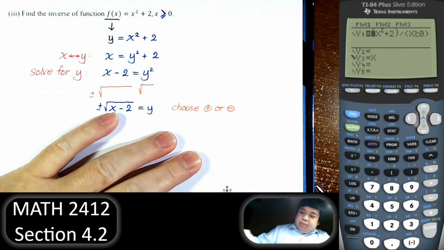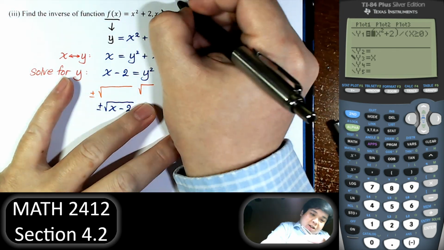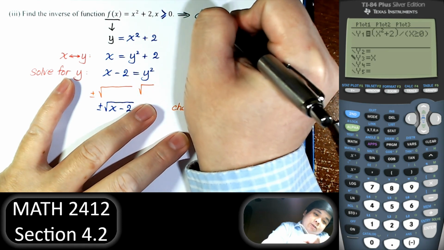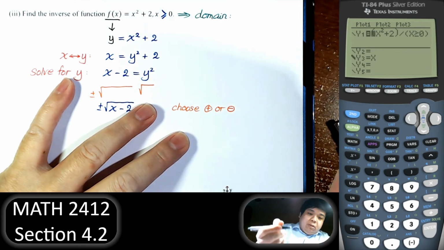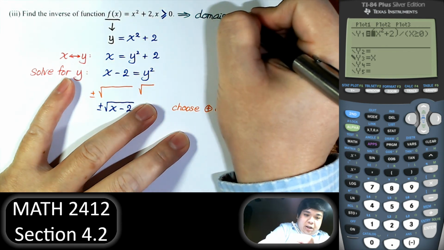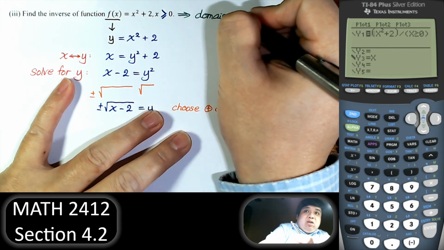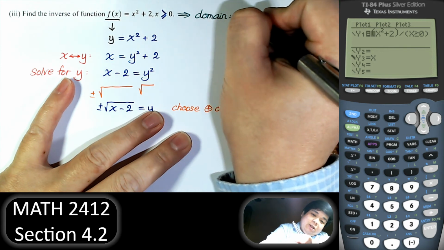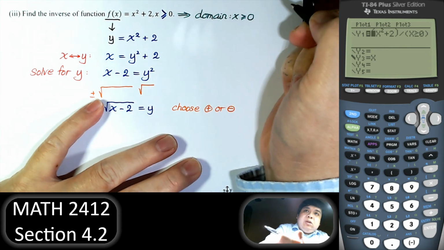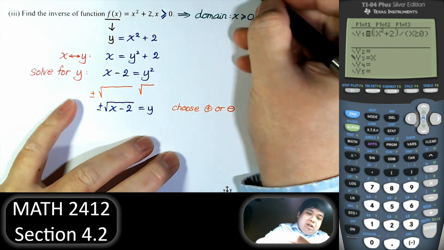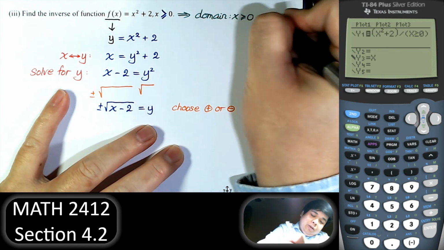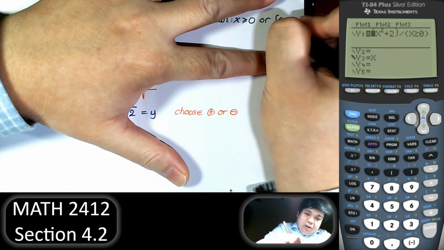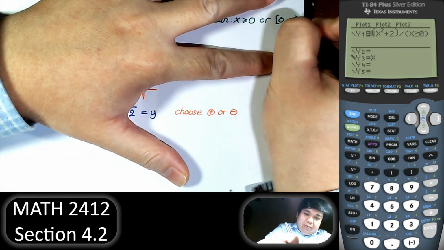For this problem, original function, what we say is that the domain for this problem, of course, is x greater than or equal to 0. Right? So we can say x greater than or equal to 0 if we want to. Or if we want to, we can just say it will be from 0 to infinity.